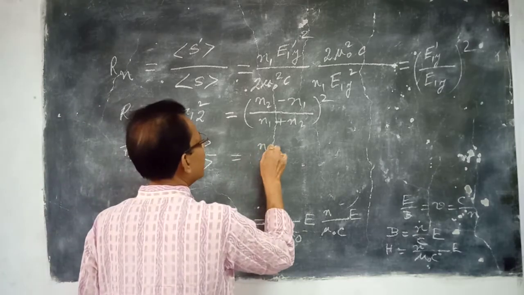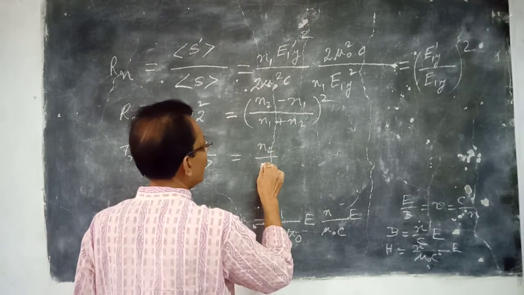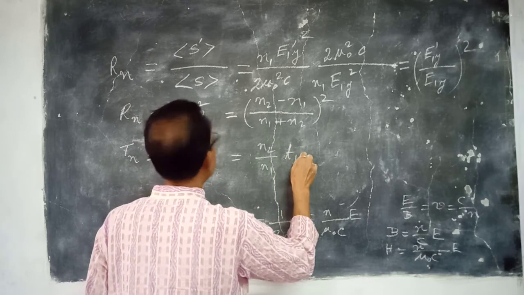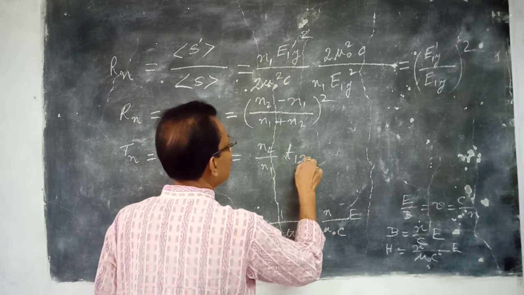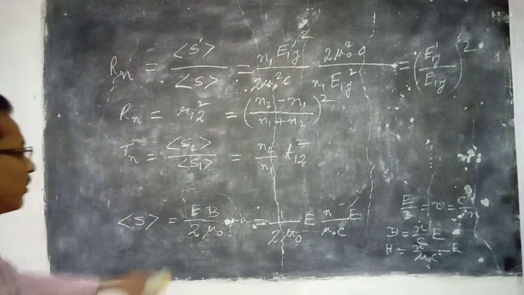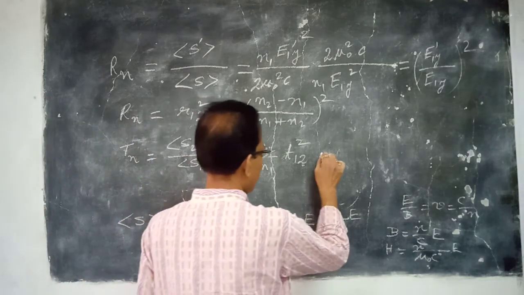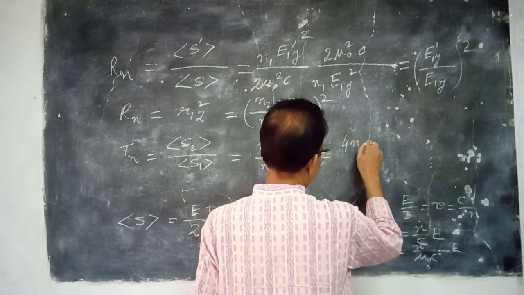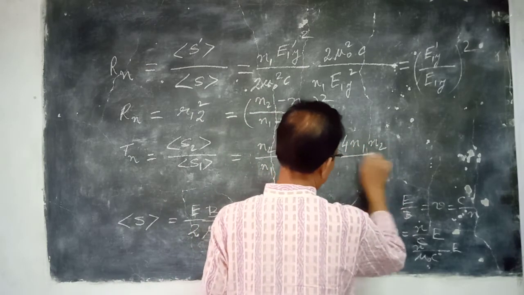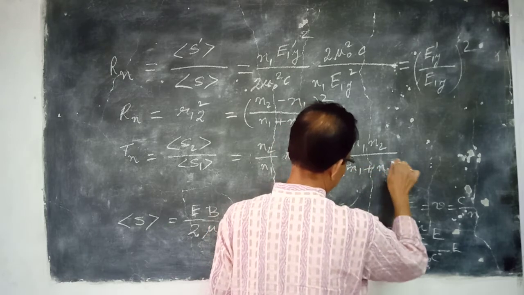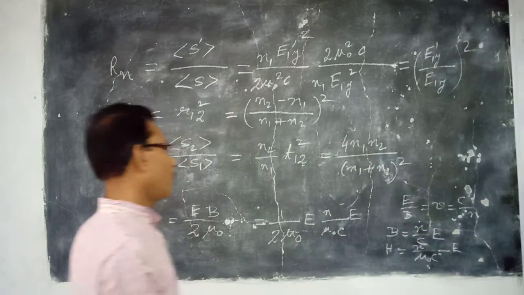So here you get n2 by n1 times T12 square. If we calculate these in terms of that, it will come n2 by n1 T12 square. So you get 4 n1 n2 by (n1 plus n2) whole square.